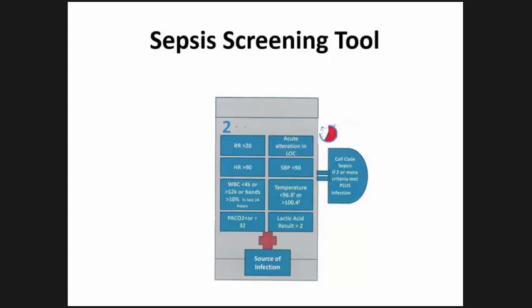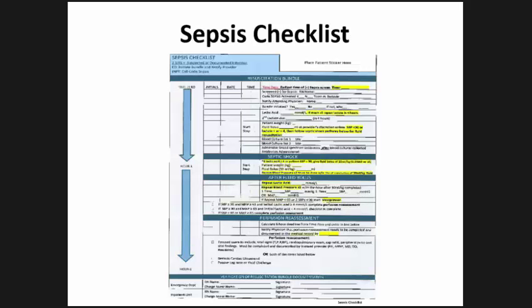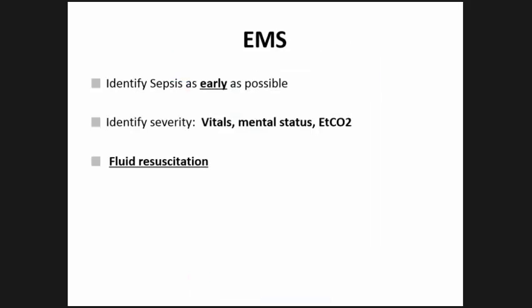It's the same thing. They're doing the same thing in the ED that we're going to be doing in pre-hospital. And the source of infection, obviously. This is just a sepsis checklist that if they suspect this, they automatically go to this checklist and they start. It's not important that we understand it because we're not working in hospitals, but they're all over this.